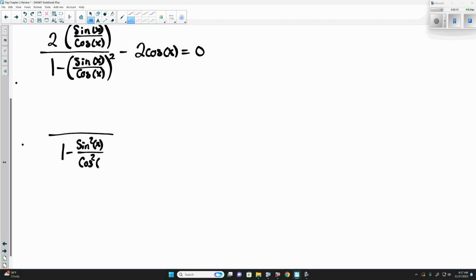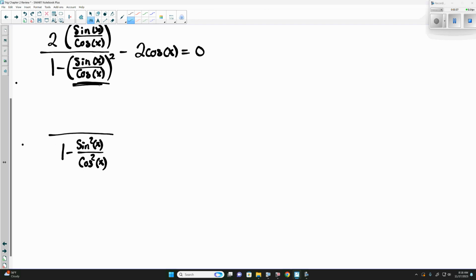The 1 minus sine over cosine squared is going to be sine squared over cosine squared. I could have put that in originally, because when we have tangent squared, and tangent is just sine over cosine, the power is applied to both. So I could have skipped that step here and just squared it.